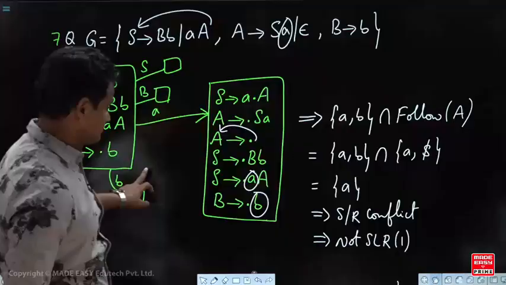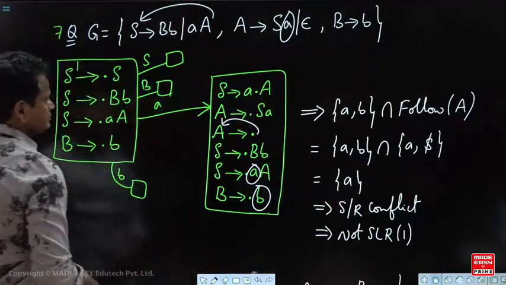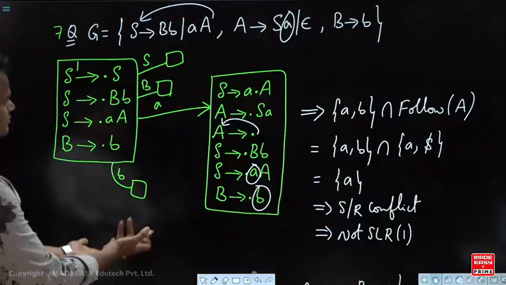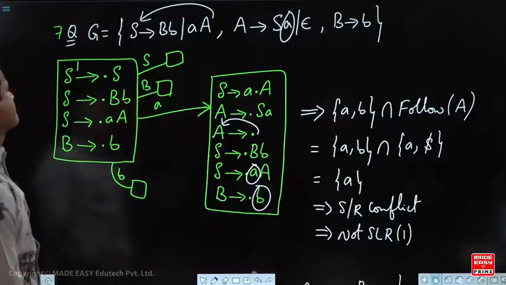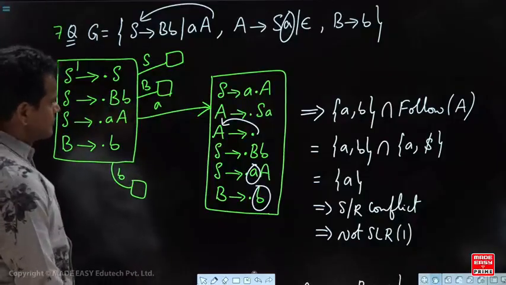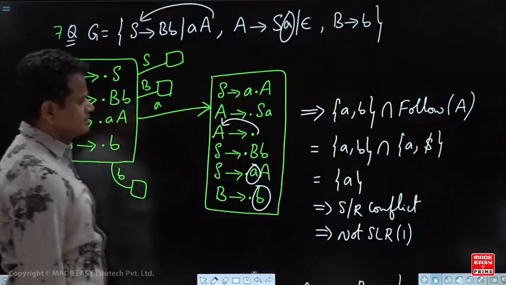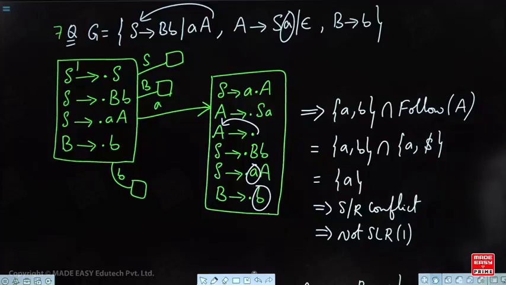So those who got SLR(1), what is the mistake? Where have you done the mistake? Please check. Or did I make the mistake? No chance, it is perfect. Shift reduce conflict, not SLR(1). Keshav Gaur made a mistake in follow of A. So how can you make mistakes in first and follow?